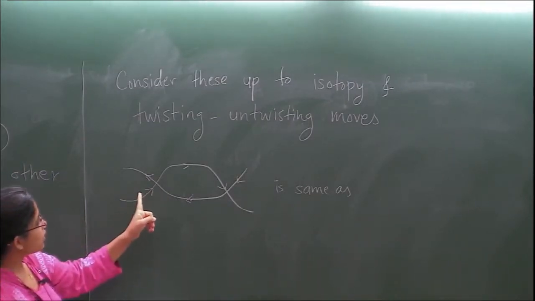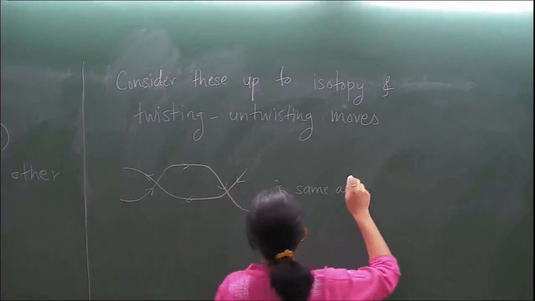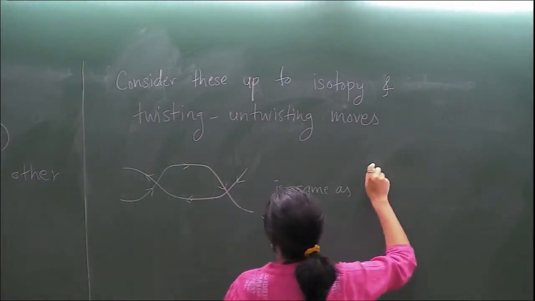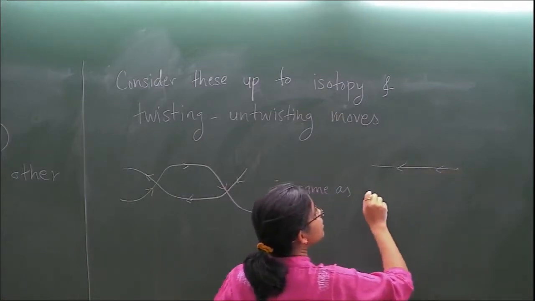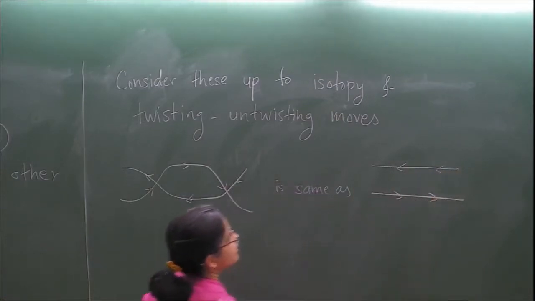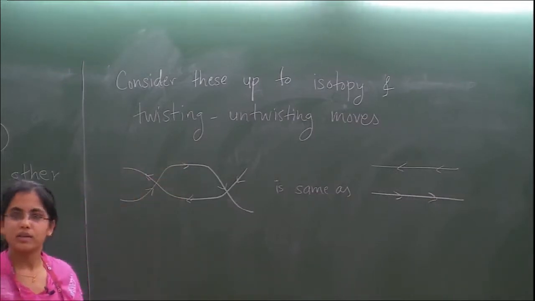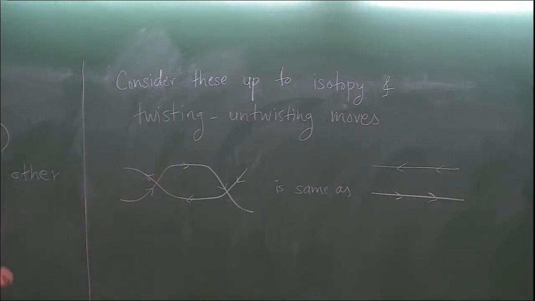If these are the same, you can just stretch them, and then this is the same as that. You get the point, right? You can straighten them, and then they're the same. Yeah.